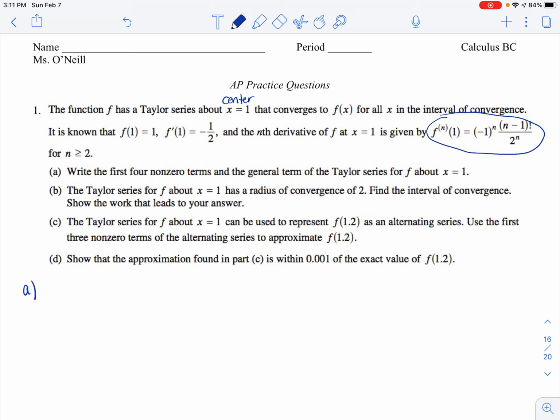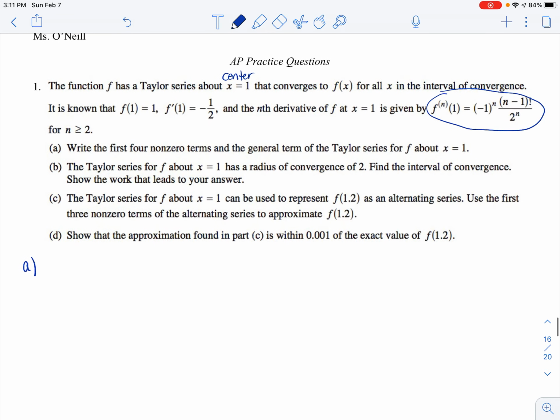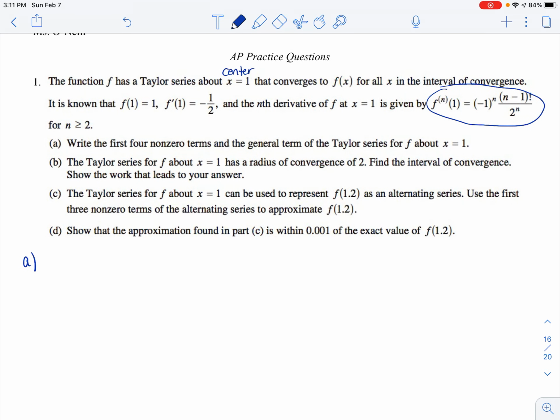So, part A says write the first 4 non-zero terms and the general term of the Taylor series. So basically I have to write out the first 4 terms that are not 0 and obviously the nth term. So remember that for a Taylor series, it is based on the linear approximation: f of a plus f prime of a times x minus a.